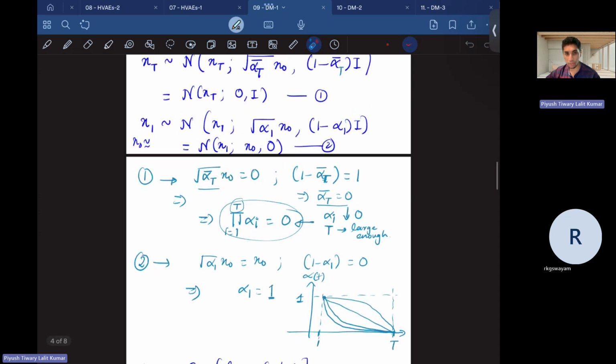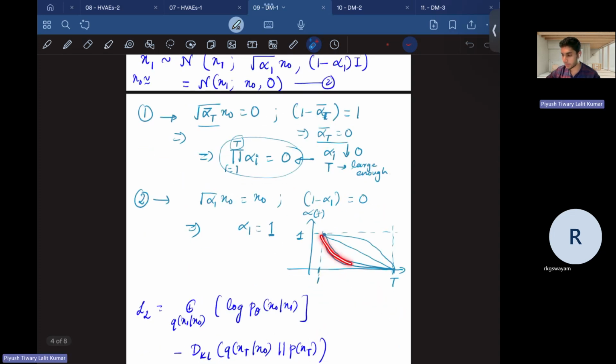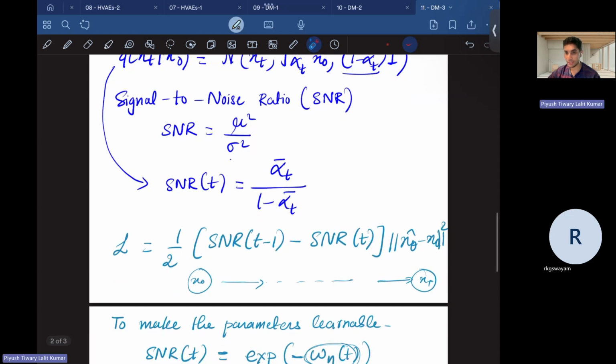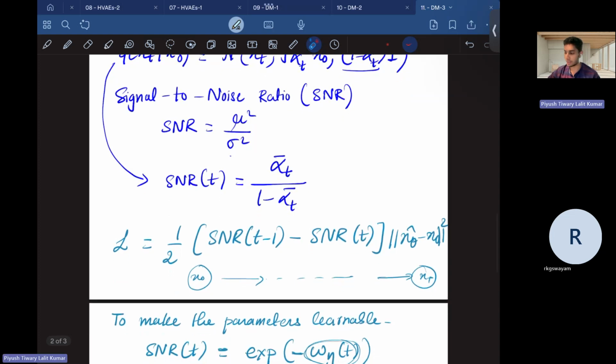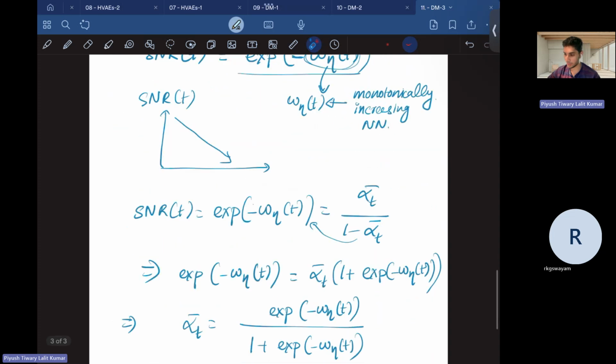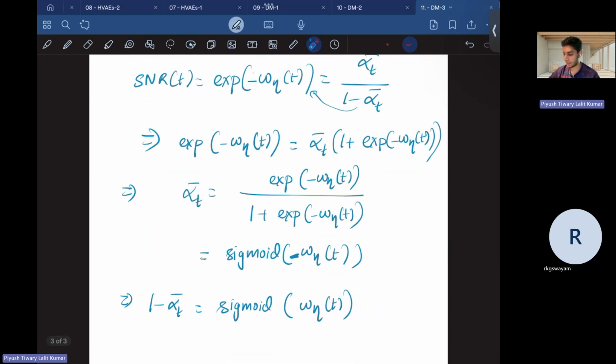We didn't talk about SNR explicitly there, but we sort of deduced how the alphas should look and what the function to schedule them should be. But this is another way to look at alphas: they are actually governing your SNR, and you want your SNR to decrease, and you can learn it using this kind of parameterization, and so on and so forth.